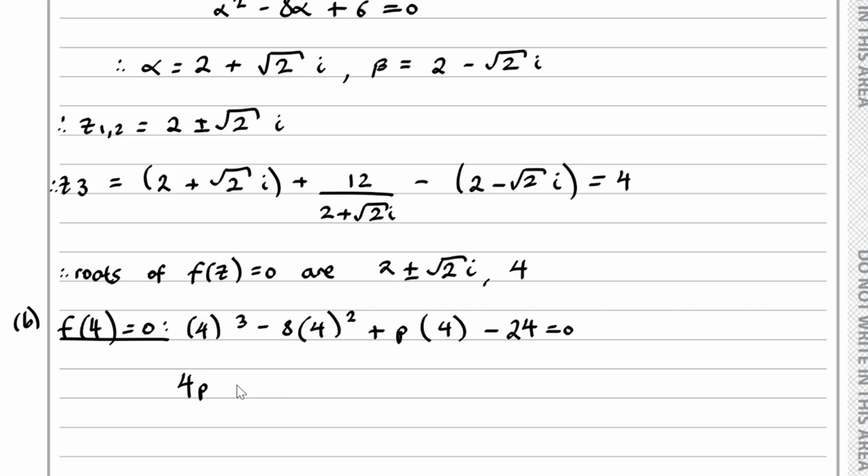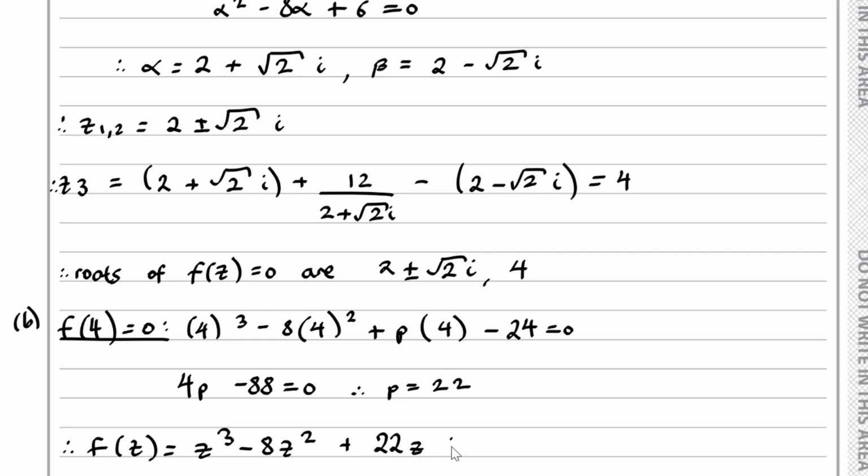So we have 4p minus 88 equals 0. p is equal to 22, and therefore f of z is equal to z cubed minus 8z squared plus 22z minus 24. Okay, and that's essentially it.